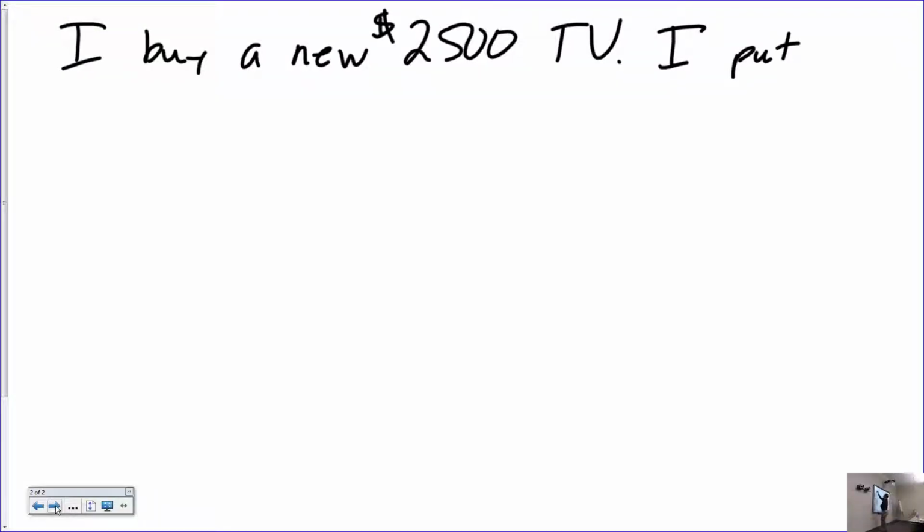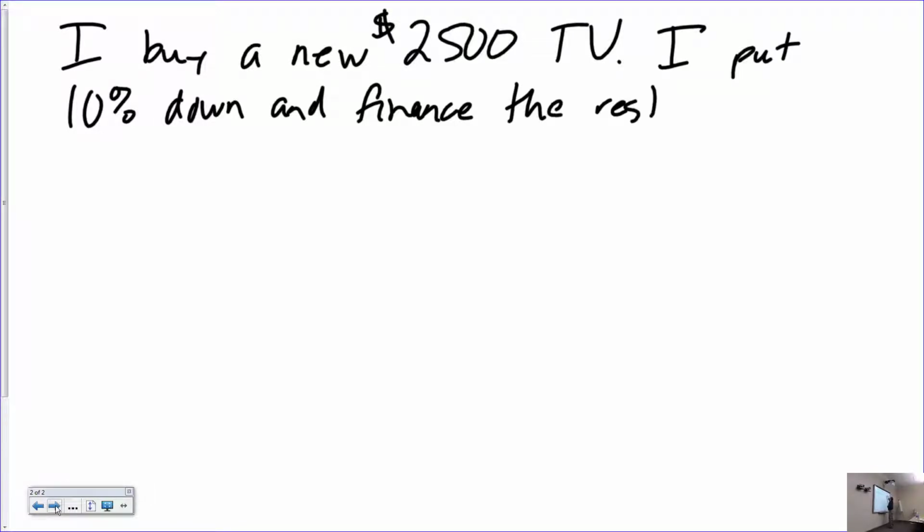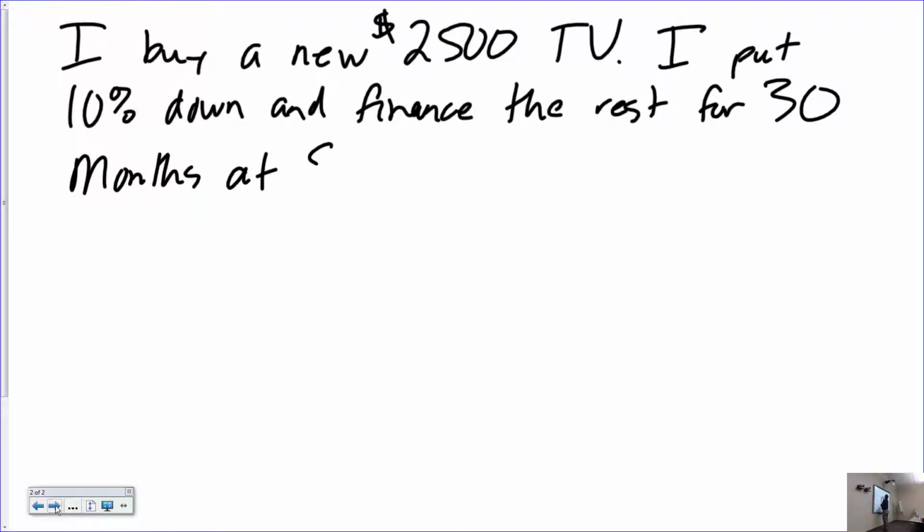I put 10% down and finance the rest for 30 months at 8.5%. So here I've given you the APR. I've told you that the APR is 8.5%. And let's suppose that this time all I ask for is find the monthly payment.